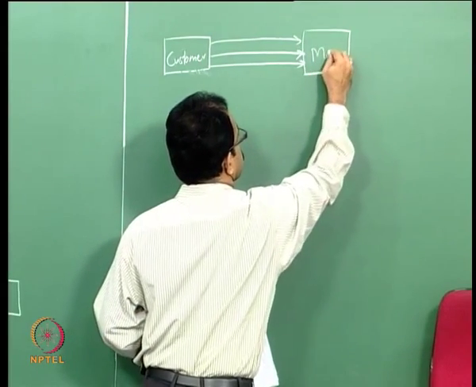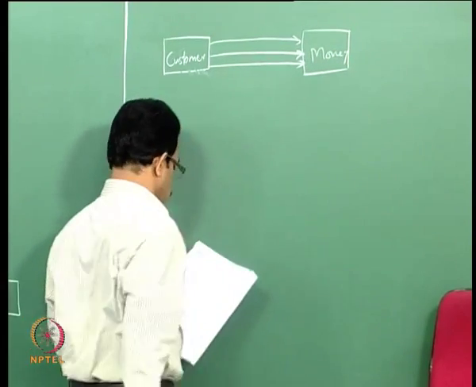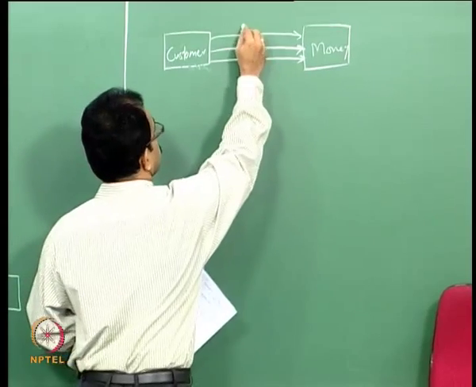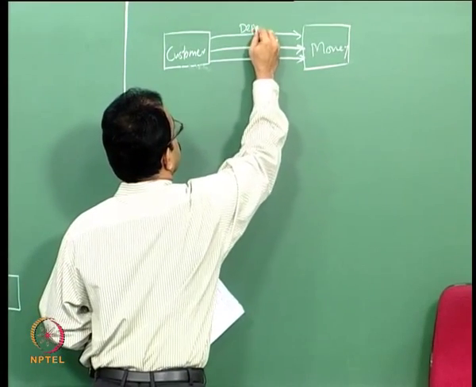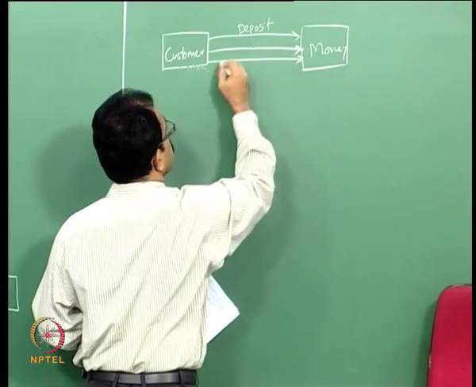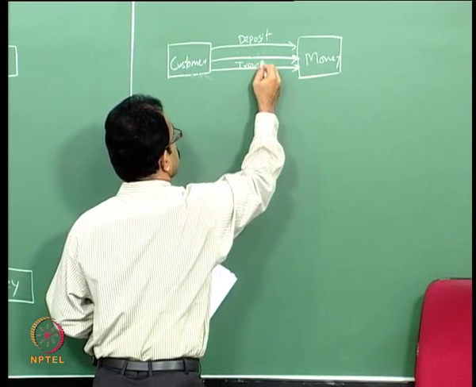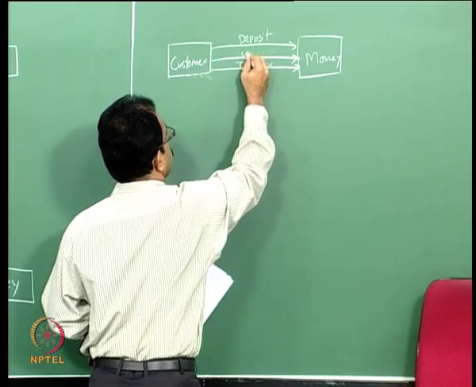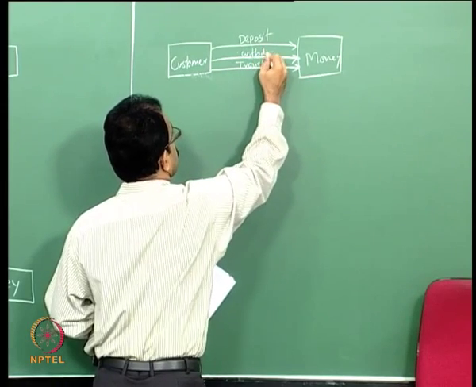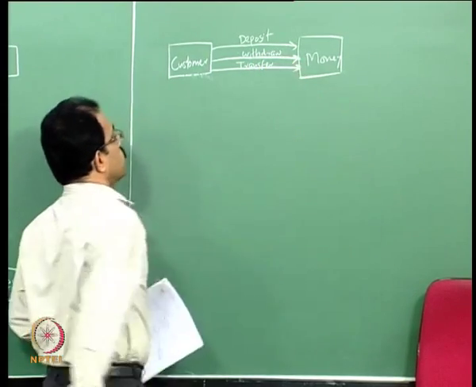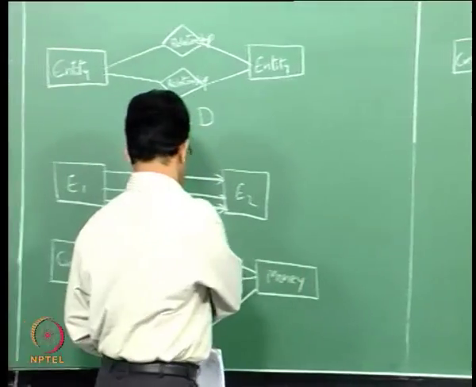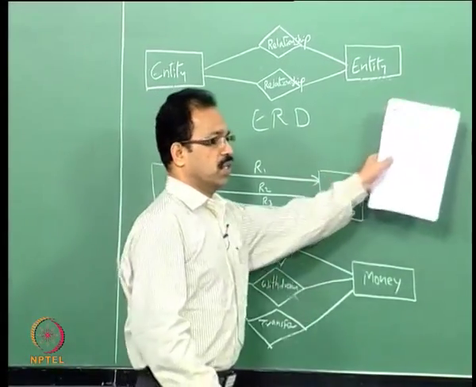customer, money, and here we will have deposit as the relationship, deposit and transfer or withdraw. So, we can represent the relationship either using this method or using this method.